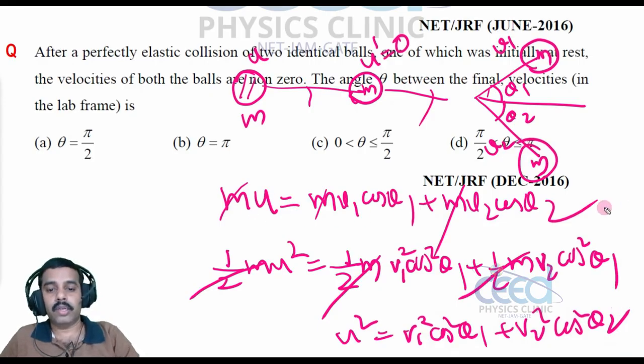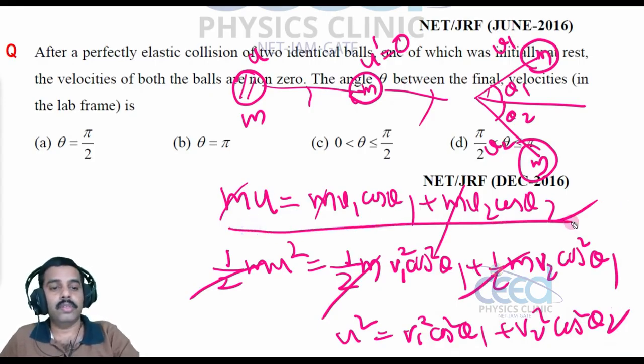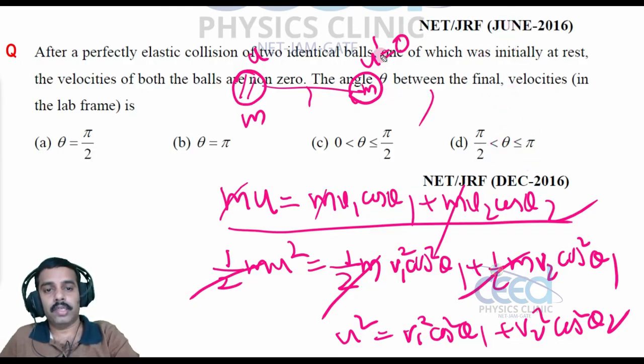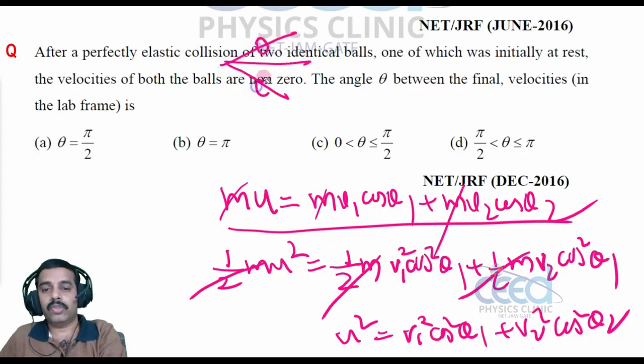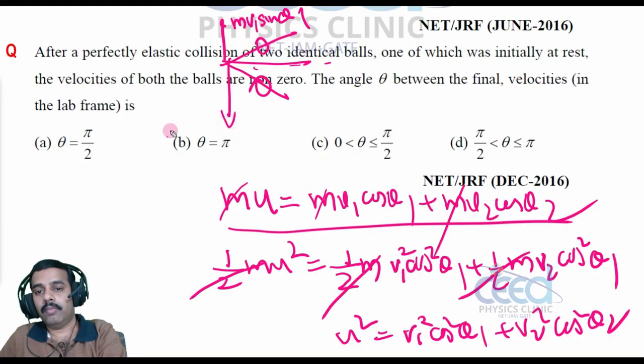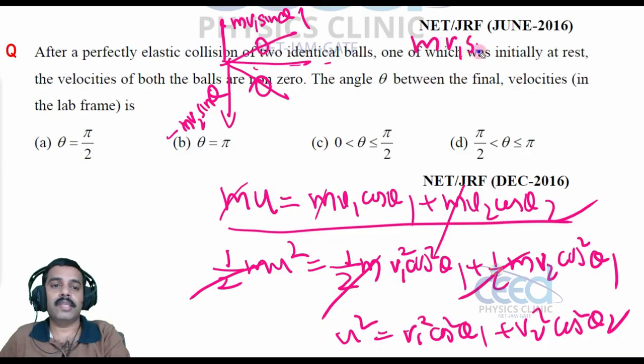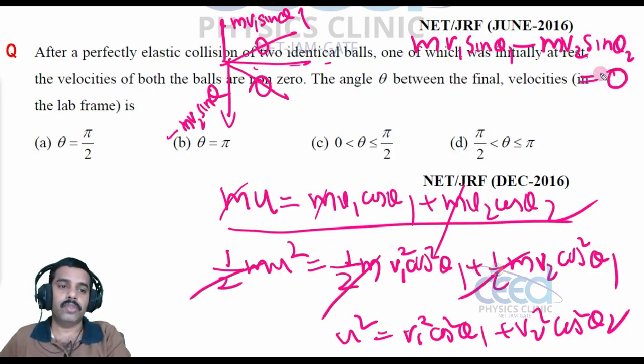Now if I square the momentum equation to find u square, we get some other terms. And we can also equate the sine component: m v1 sin theta 1 minus m v2 sin theta 2. Initially there is no y component of momentum, so that will be 0.